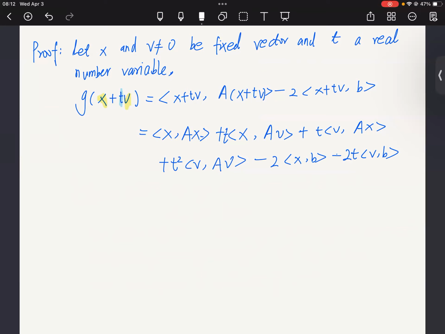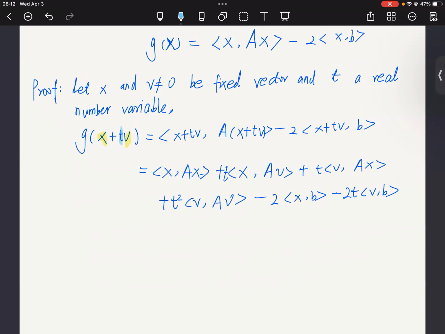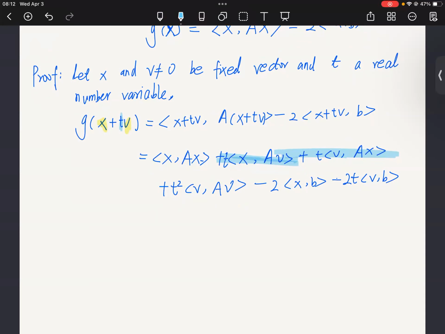So now let's view this function as a function of t. What do we have for the constant? What do we have for the first order term? And what do we have for the second order term? The first order term is the one with t, so these are the first order terms.